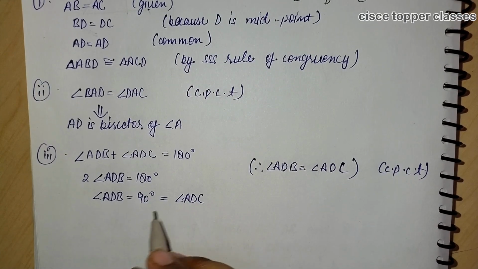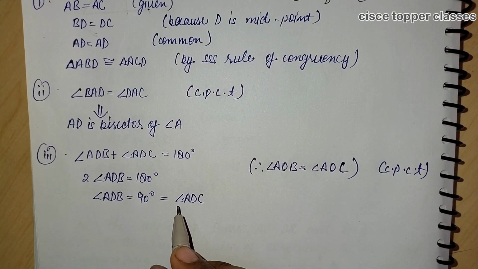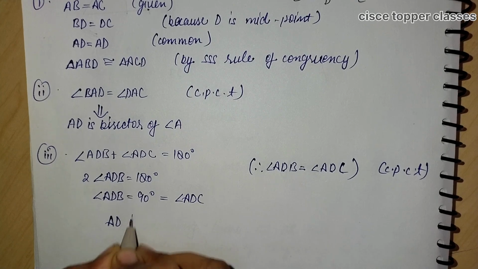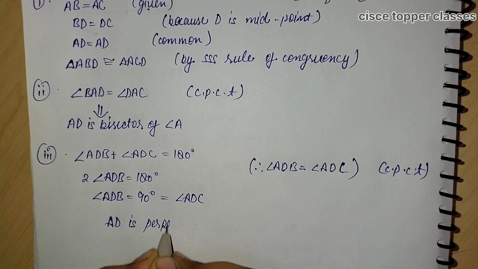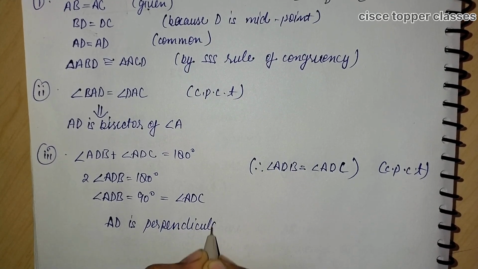Hence proved that AD is perpendicular to BC from here only.